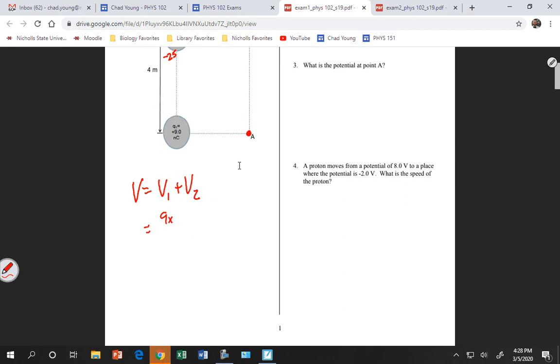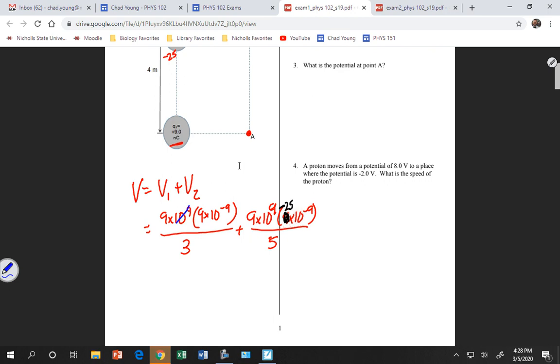That is 9 times 10 to the 9th, times 9 times 10 to the minus 9, that's this charge right here, divided by the distance, which is 3, plus 9 times 10 to the 9th, times 9 times 10 to the minus 9, divided by, no, it was 25, right? Negative 25, divided by 5 meters. Thank you.